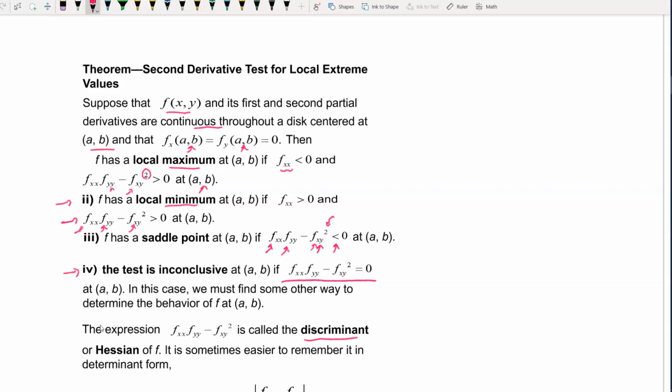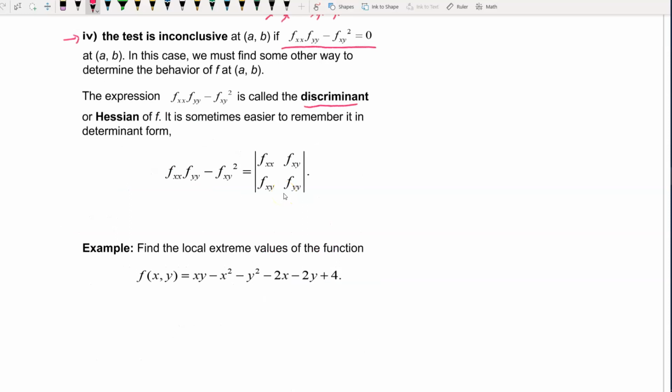It is sometimes easier to remember it in determinant form. So this is equal to this determinant: on the first row we have f_xx and f_xy, and on the second row f_xy and f_yy.